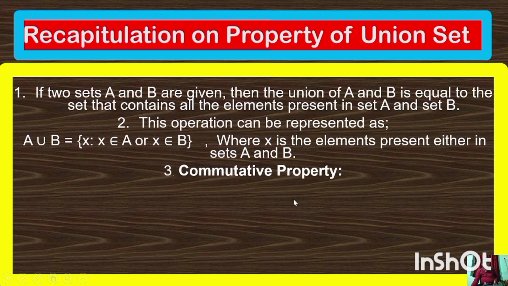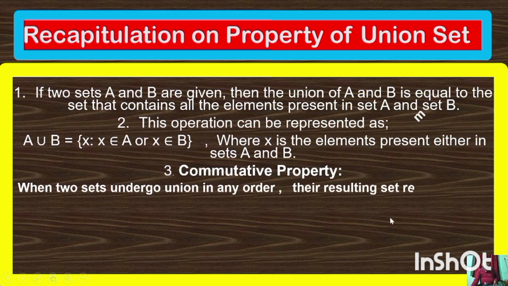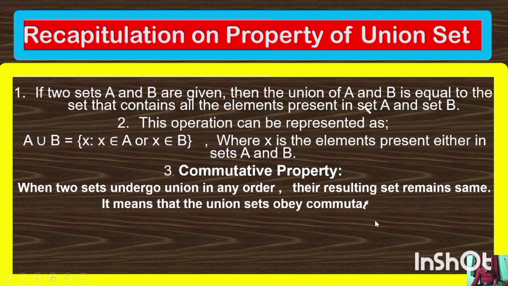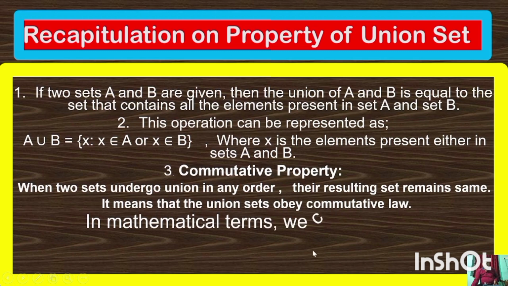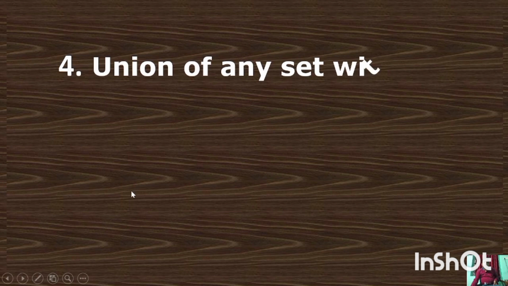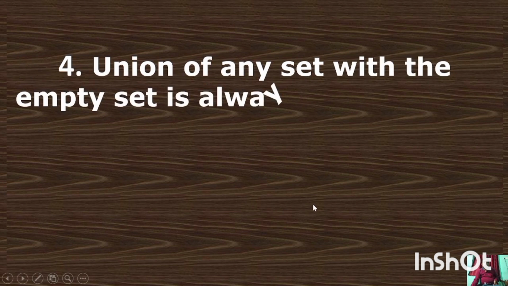And set union obeys the commutative property, already discussed. We proved it by three methods: by taking an example, by property, and by Venn diagrams. Okay, understand? The set union obeys the commutative law, and already discussed, A union B is equal to B union A. And another property already discussed.